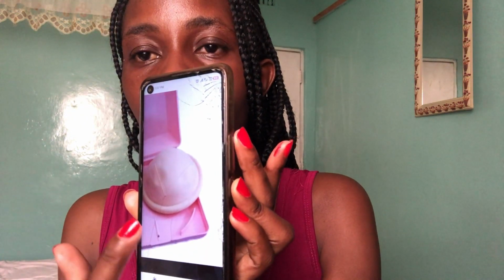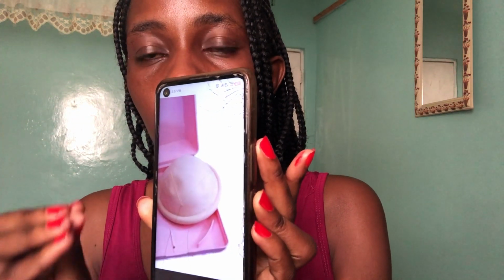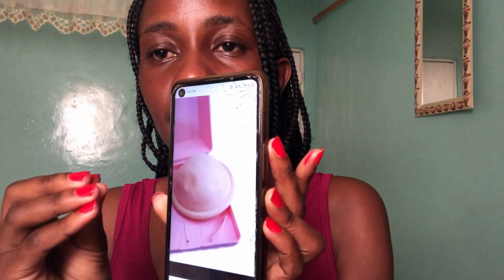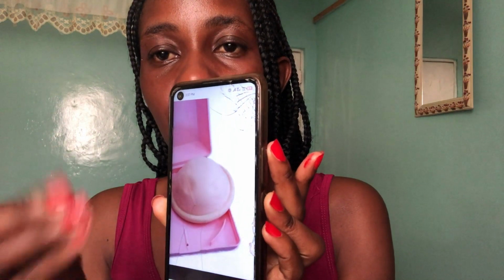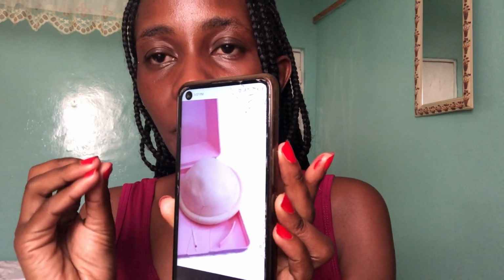This is the diaphragm, and you can see the way it is round. It fits in the cervix, and now the sperms cannot pass through. Also, something that I can say about the diaphragm, we have different sizes.